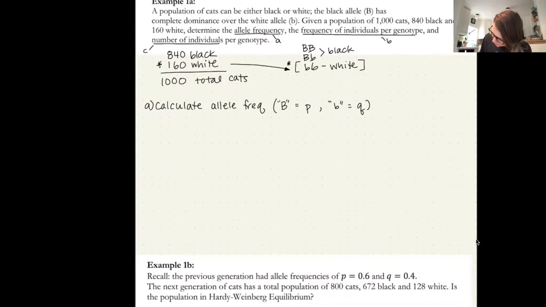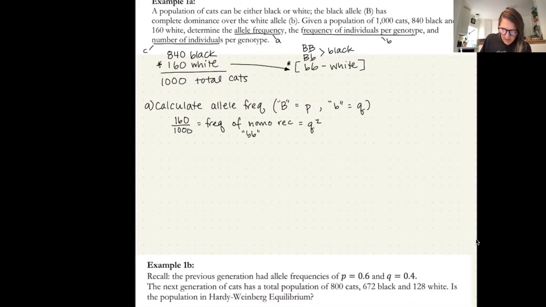So I'm going to take 160 cats over the total, and that gives me the frequency of homozygous recessive, which is Q squared.